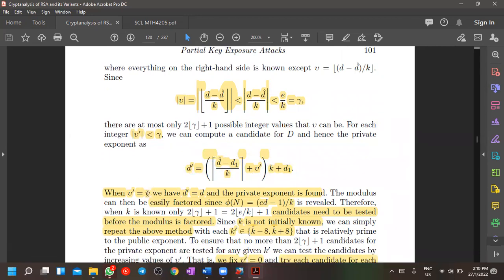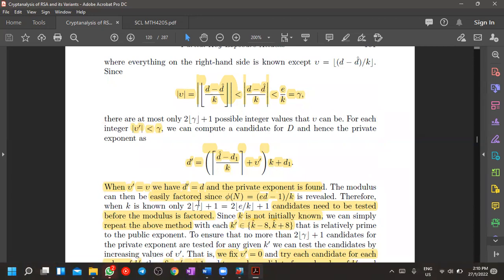When v prime is equal to v, we have d prime equals d, and the private exponent is found. The modulus can be easily factored since phi of n equals ed minus 1 over k is revealed. Therefore, when k is known, only this many candidates need to be tested before the modulus is factored.